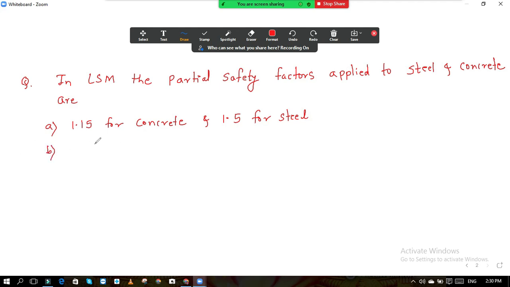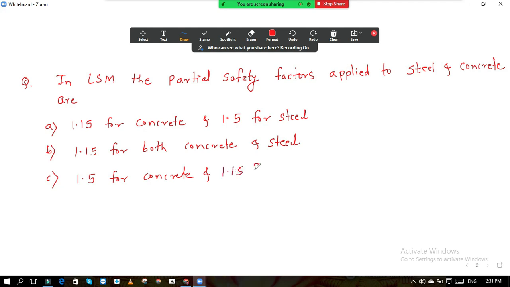Second one, 1.15 for both concrete and steel. C, 1.5 for concrete and 1.15 for steel. D none.